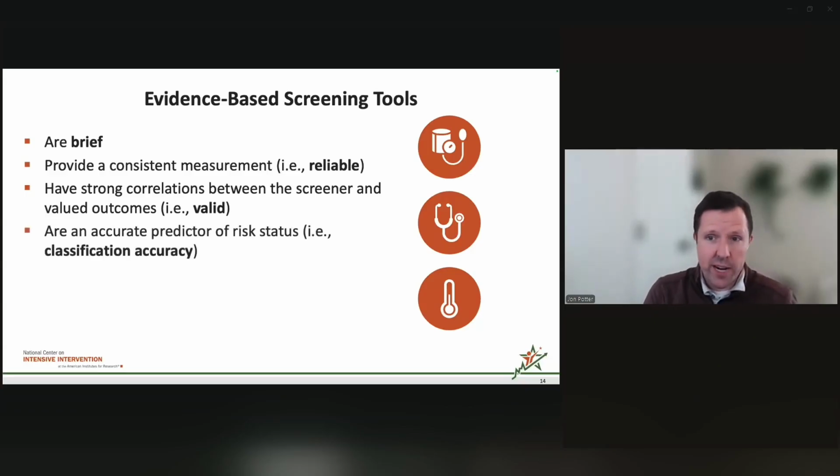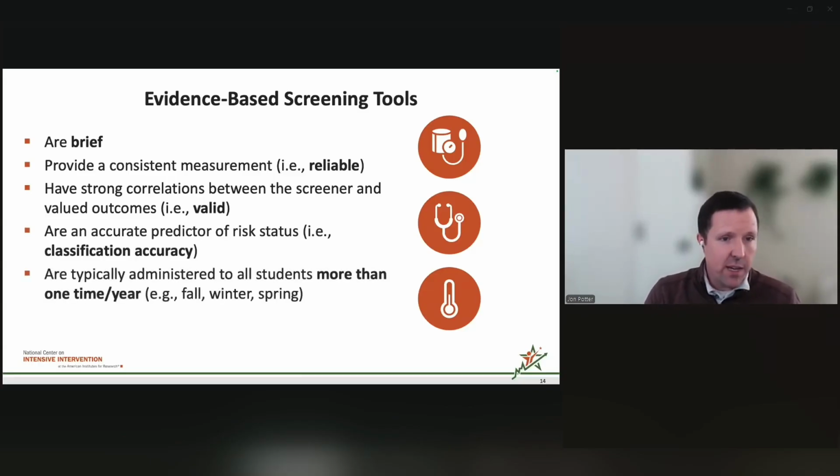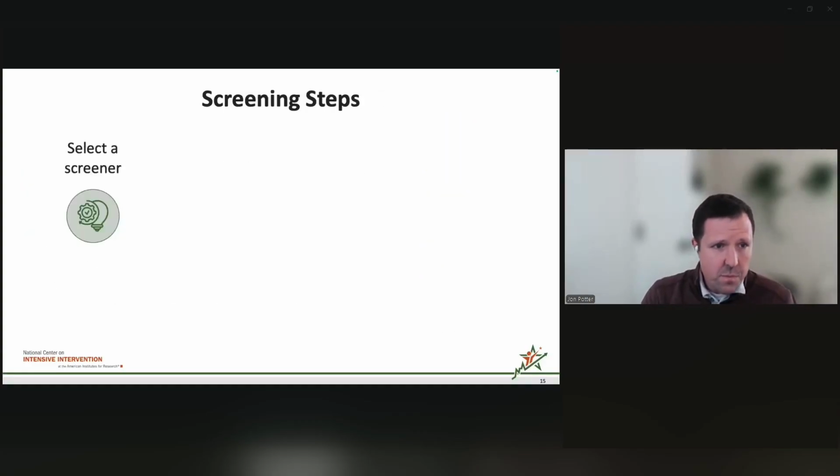They accurately predict, with cut scores that pretty accurately identify who's on track and who's not. And typically, not always, you want your screener administered more than once a year, fall, winter, spring, so you can track progress over the course of the year.